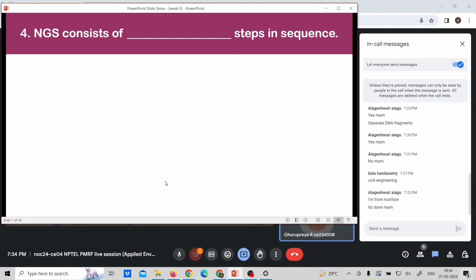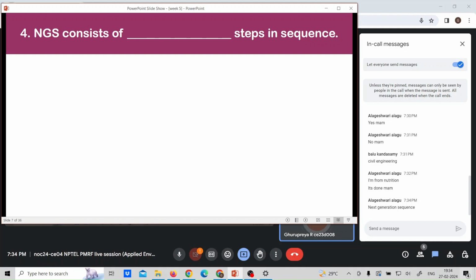Have you heard about something called next generation sequencing? Yeah, next generation sequencing. So NGS stands for next generation sequencing. The Sanger sequencing, we call it the first generation. That's very basic and very time consuming, but that was the first discovered method for DNA sequencing.